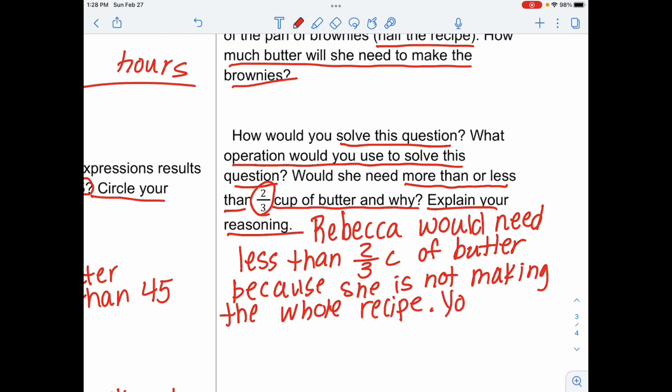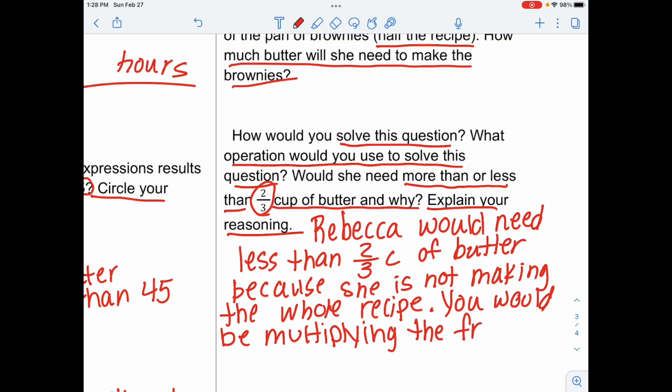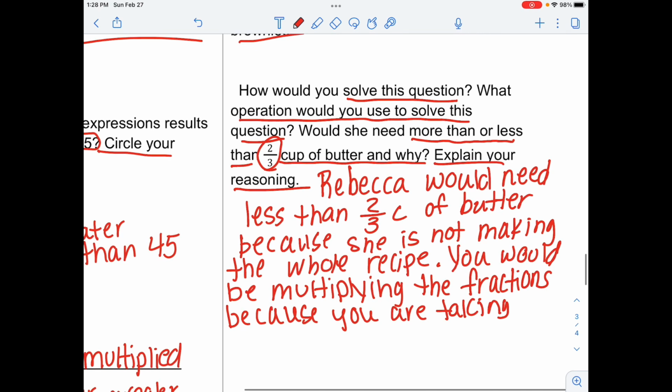So you would be multiplying the fractions because you are taking part of a number, really part of a part. You're taking 2/3 of 1/2.